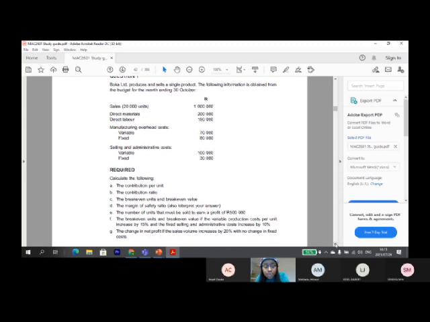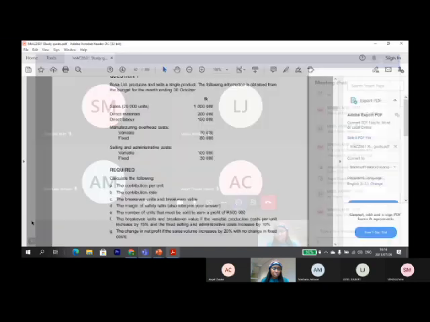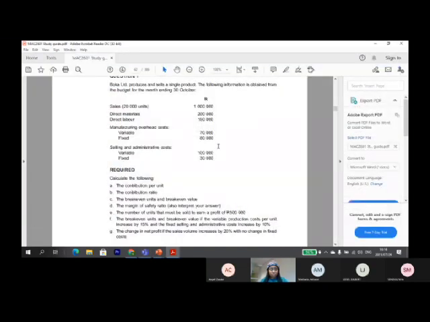So a question that I posed to you guys, as we just covered contribution break-even: given this information, what would be the contribution per unit? Please, let's answer A to D. Contribution per unit, contribution ratio, break-even in units and in value, and the margin of safety. 5 minutes, so let me just show the question.